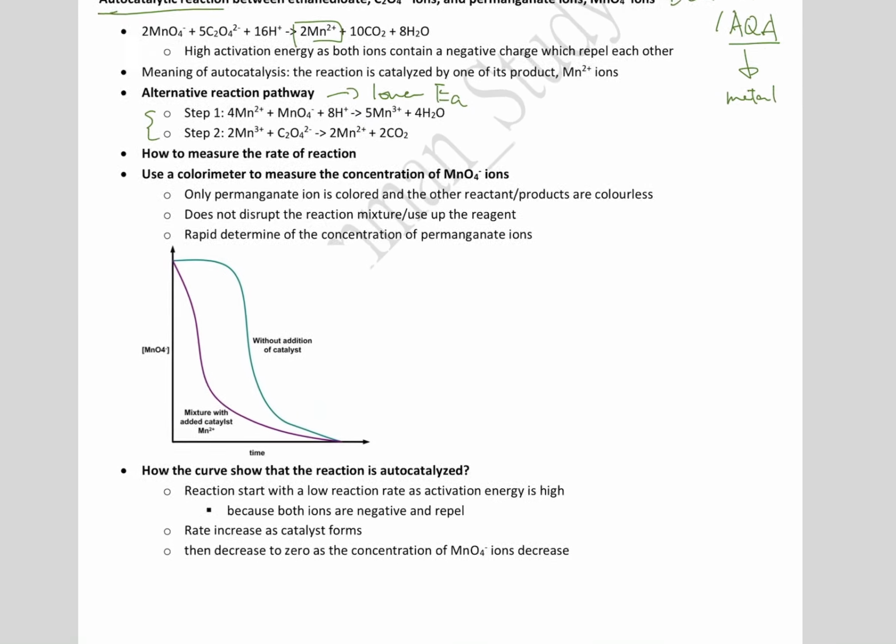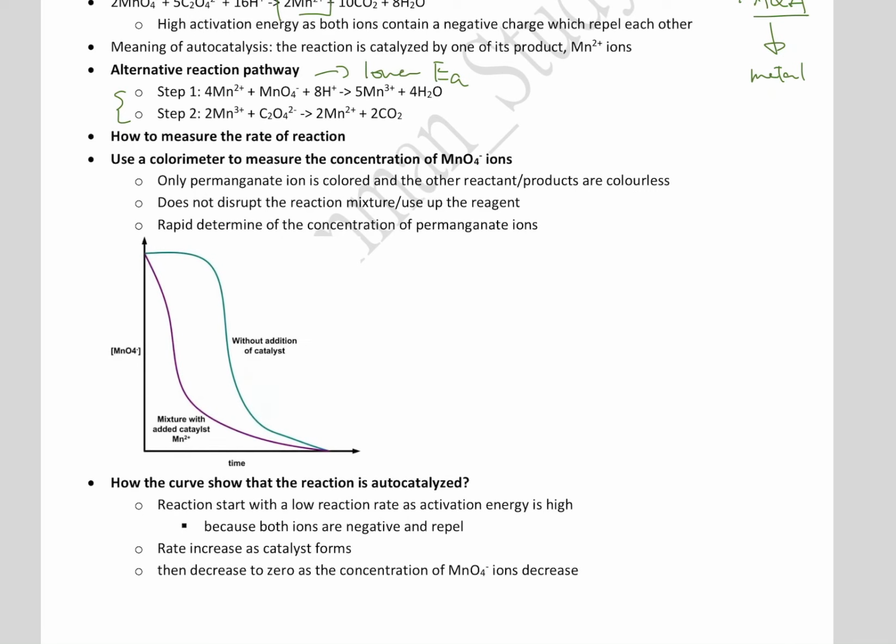Then, more important here, I want you to understand the shape of the graph. You can see that at first, because there's no catalyst, the rate is very low.